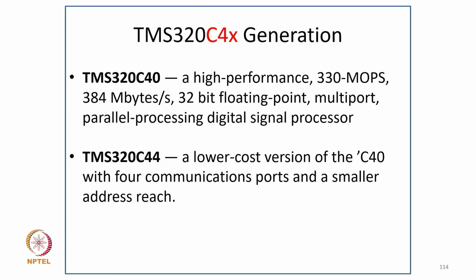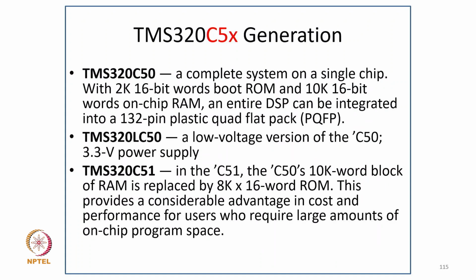TMS320C40 is a high performance 330 MOPS, 384 megabytes, 32-bit floating point multi-port parallel processing digital signal processor, and TMS320C44 is a lower cost version of the C40 with 4 communication ports and a smaller address reach.